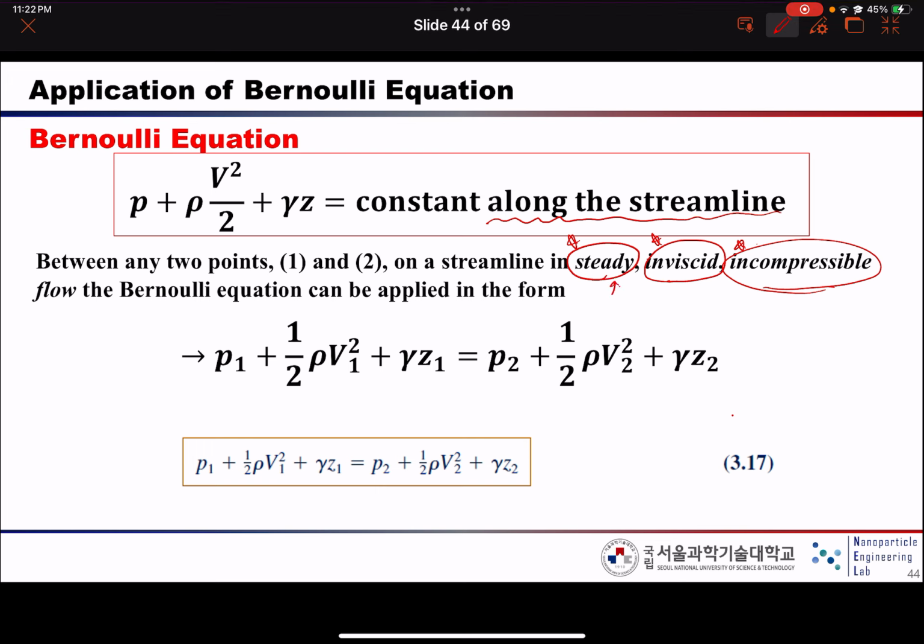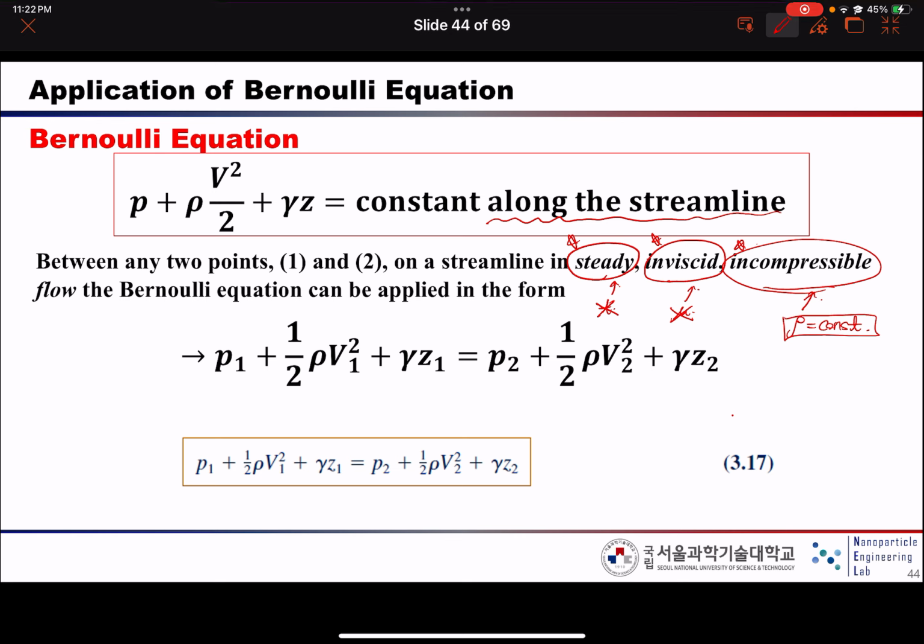First, steady: this does not depend on time. Second, inviscid: the viscosity effect is negligible. And the third is incompressible, which means the density equals constant.